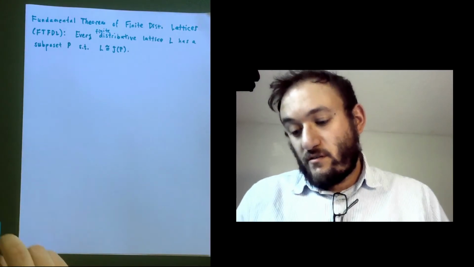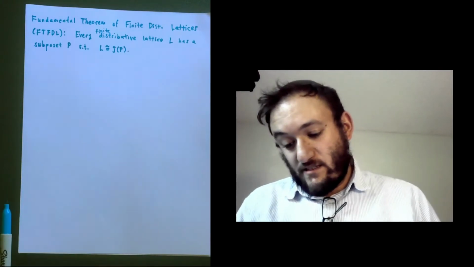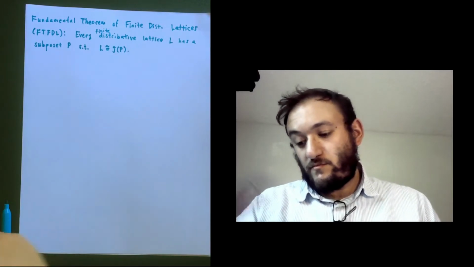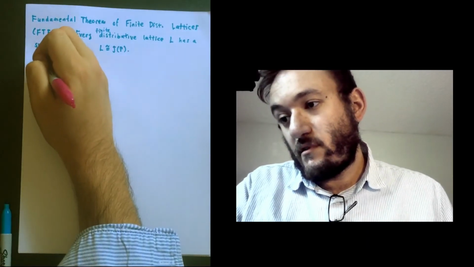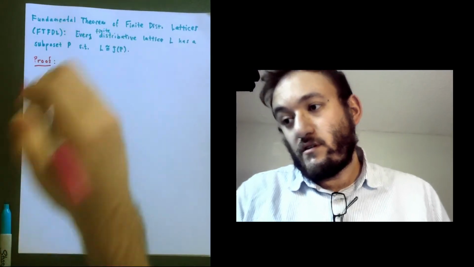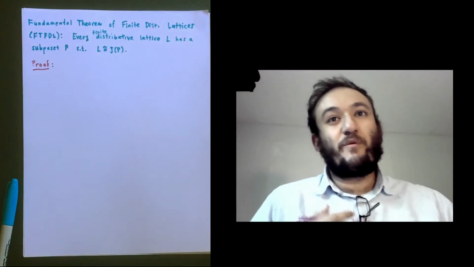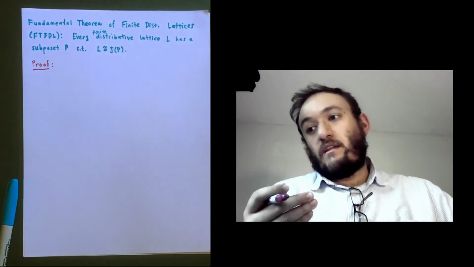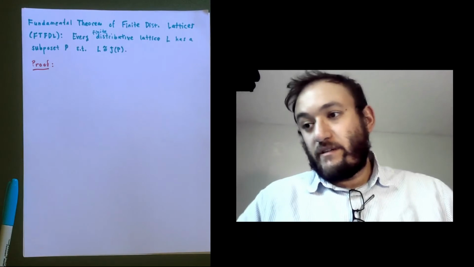Okay, so what goes into proving this? Well, here's how the proof goes. We define a property of elements in a lattice called join irreducibility.